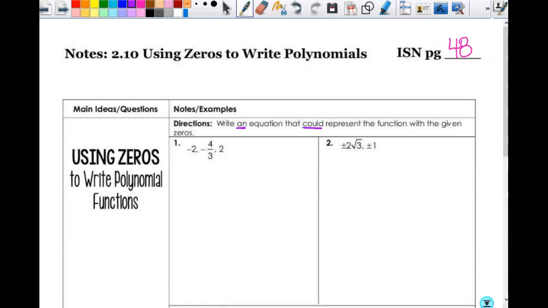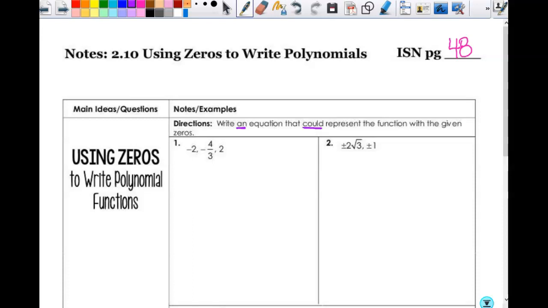Even if we have multiplicity, they tell us about some behavior on the axis, but we don't know just from the zeros the maximum and minimum points. We don't know about some of the stretches and some of the other things. So we don't have enough information if we're just given the zeros to write the exact equation.